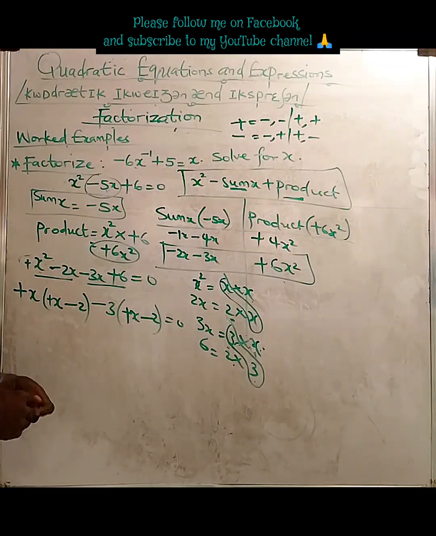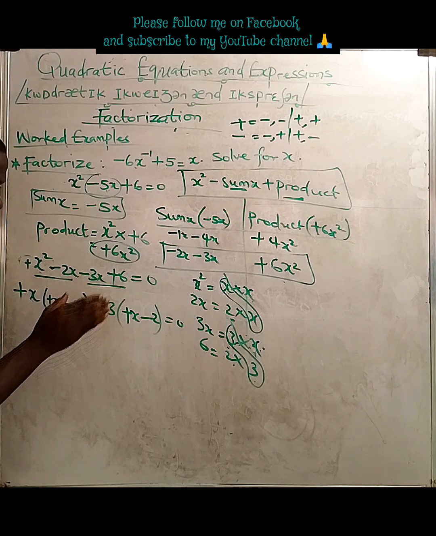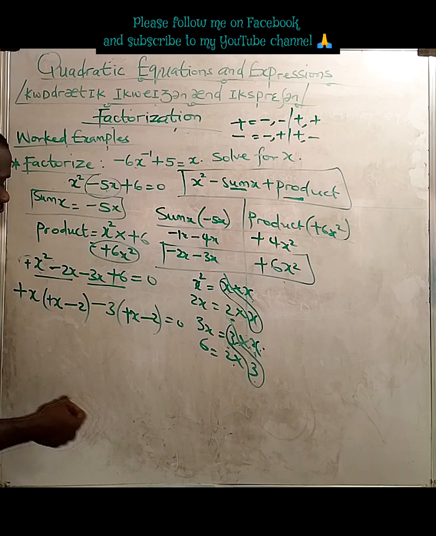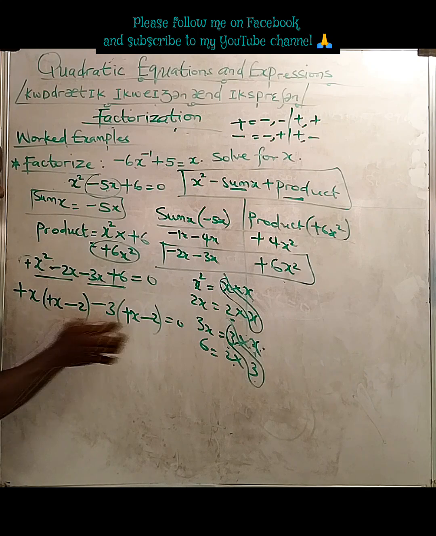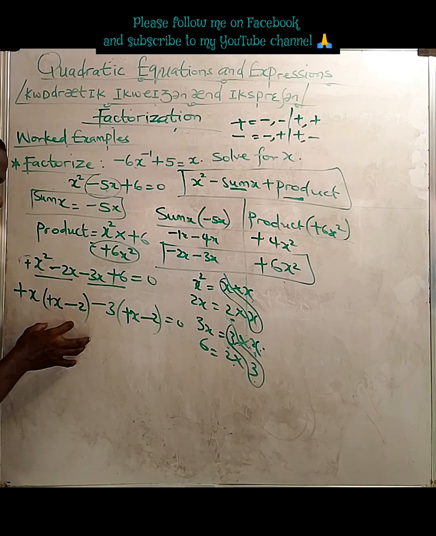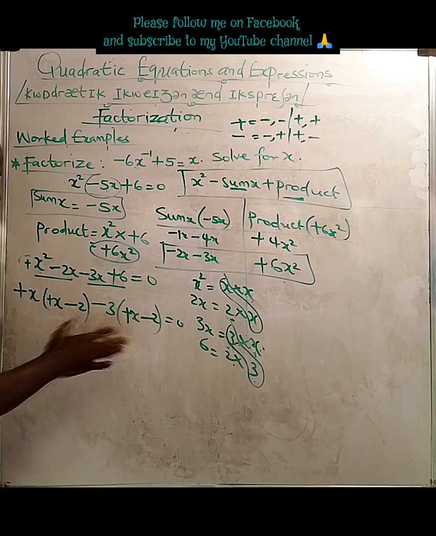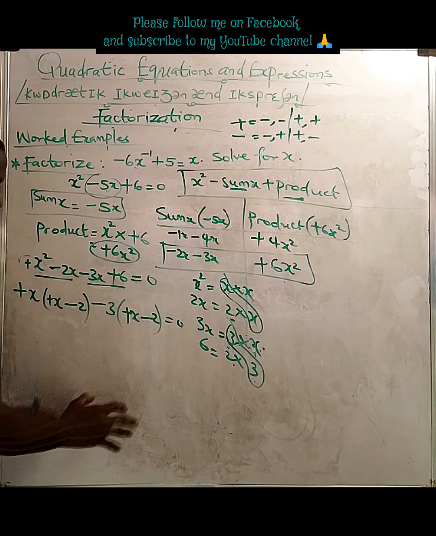So how do we know if what we've been doing is right, if we've been on the right track? One very observable thing common to the factorization method is that you're going to have something common. x minus 2 and x minus 2 are common; you can see they're the same. So we can easily bring out one of them.